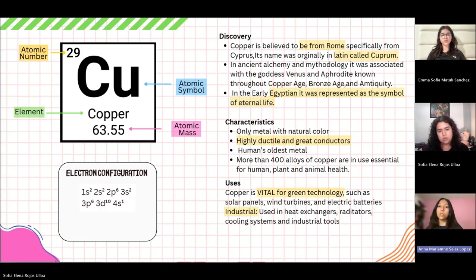Its electronic configuration is 1s2, 2s2, 2p6, 3s2, 3p6, 3d10, 4s1. And as I mentioned before, one of its uses is vital for green technology, such as solar panels, wind turbines, and electronic batteries.